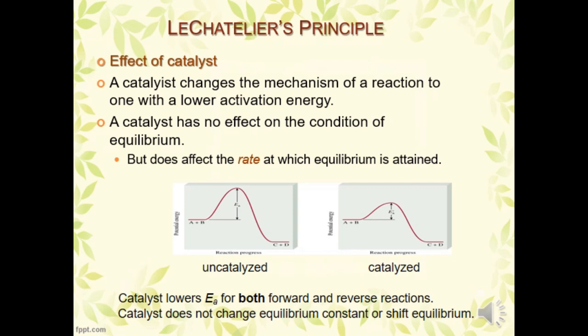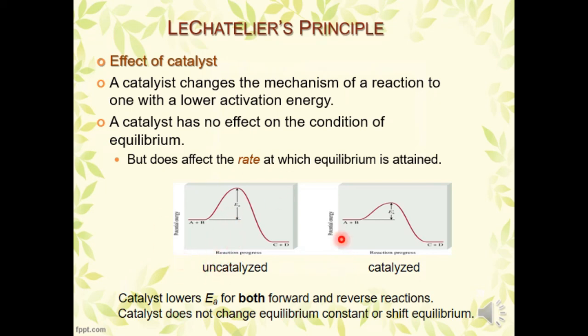Next we will see the effect of a catalyst on a reaction based on the Le Chatelier principle. A catalyst only acts to speed up the reaction. It is not consumed and does not affect the reaction itself. Kinetically the reaction is faster.